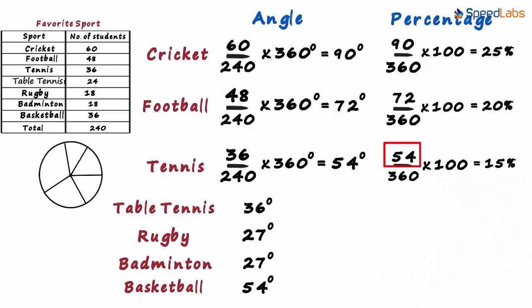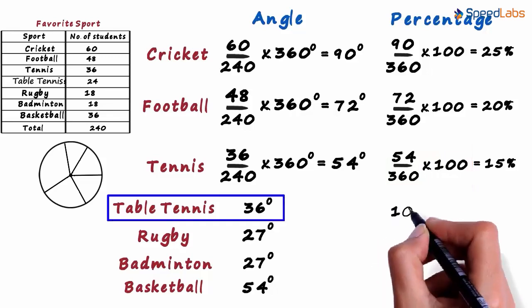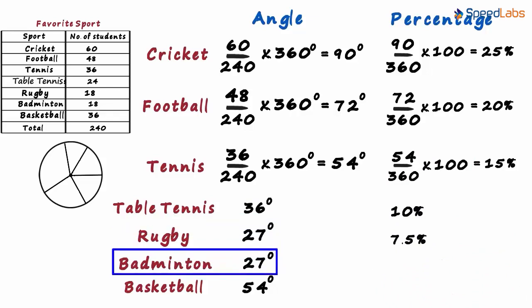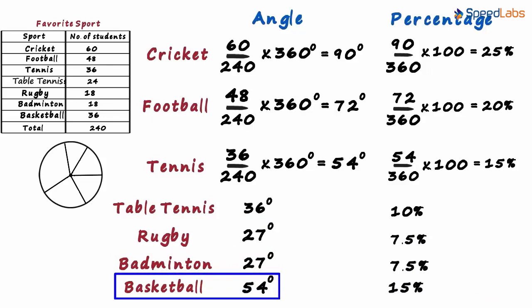Angle of that sport divided by the angle the entire circle subtends at the center multiplied by 100. Table tennis would be 10%, rugby 7.5%, badminton also 7.5%, and basketball 15%.